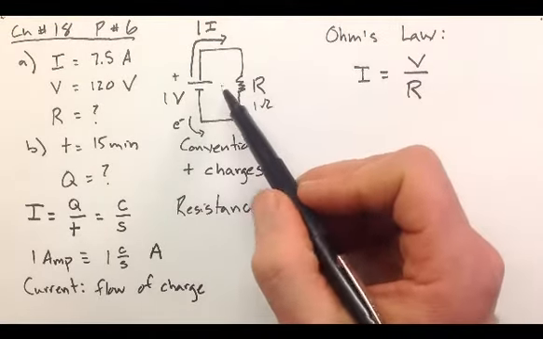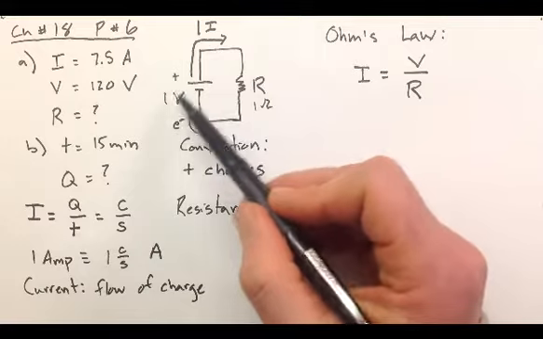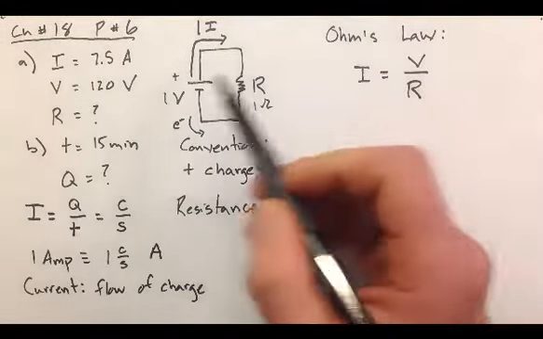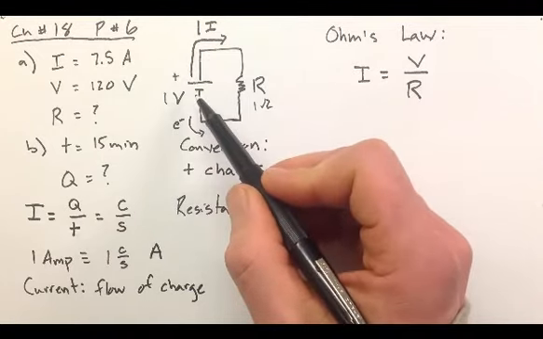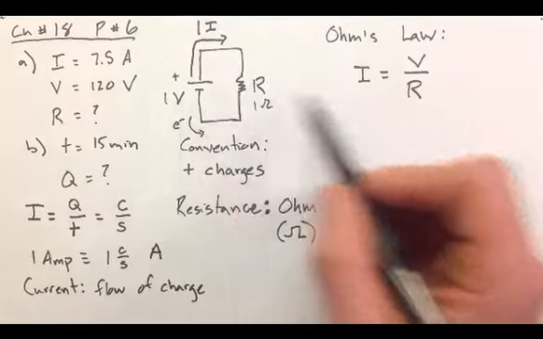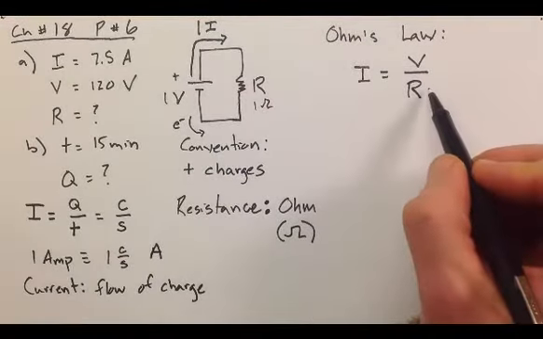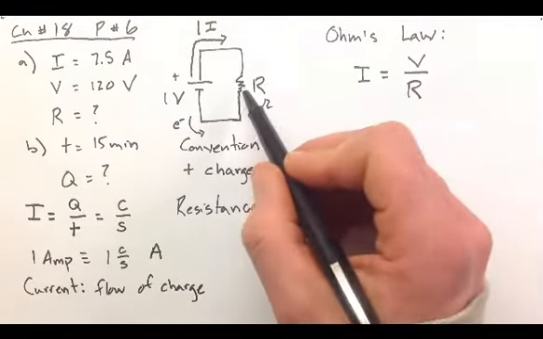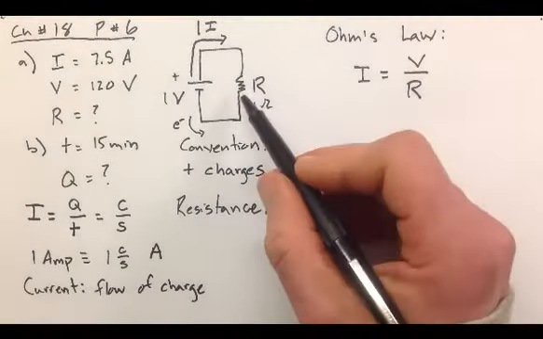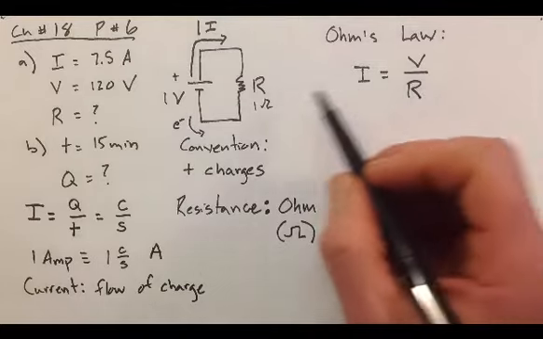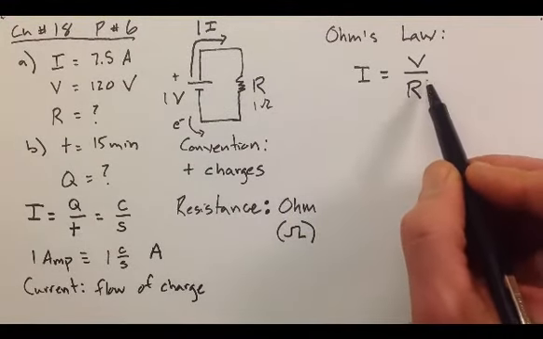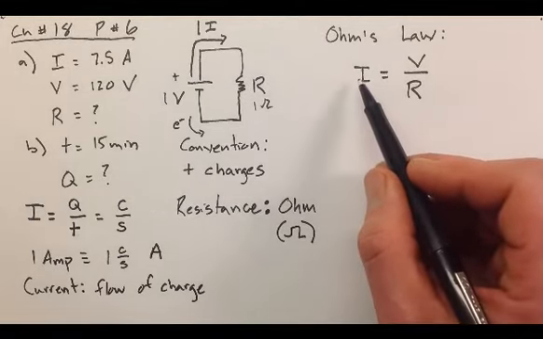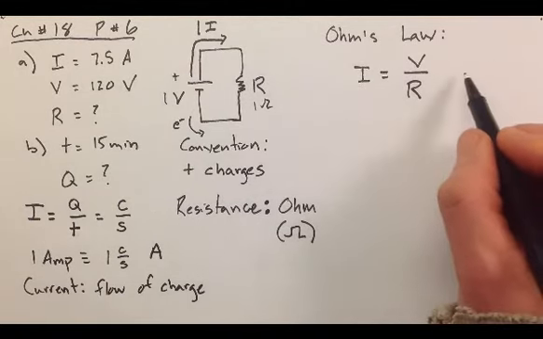In other words, if I doubled the voltage in this circuit, I would double the current, which makes sense. Put 2 batteries in the system instead of 1, you would double the current. On the other hand, if I increased the resistance, made a resistor that's twice as big, hampered the flow of charge a little bit, the current would be half as much.